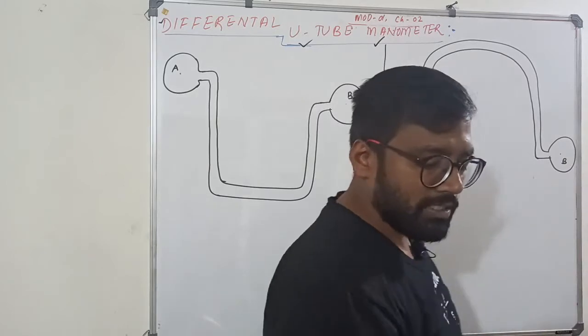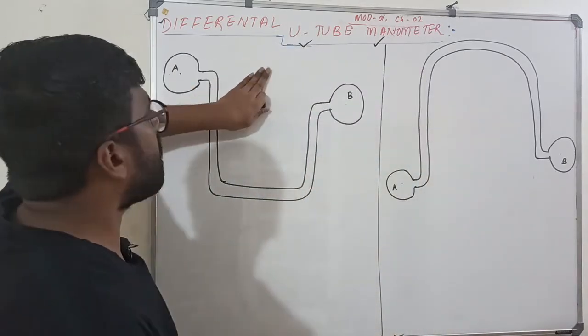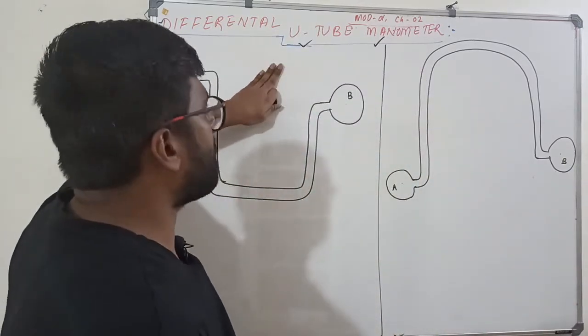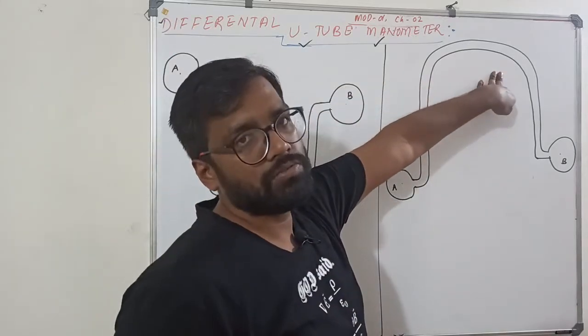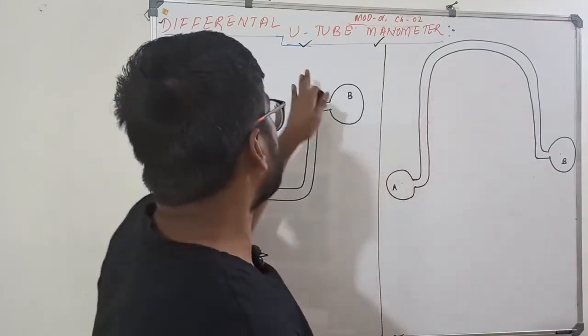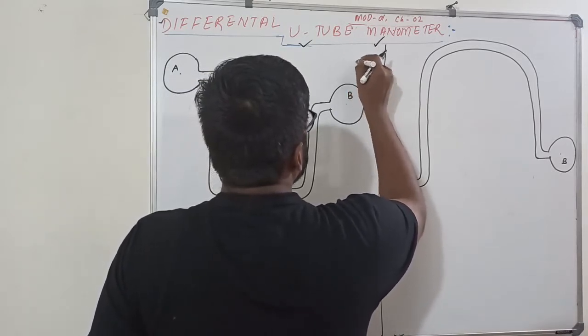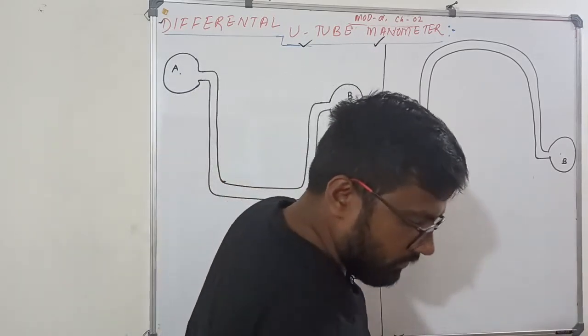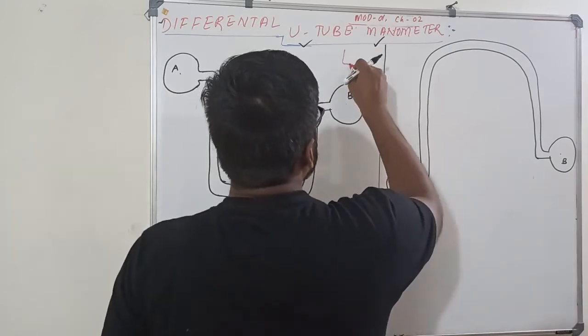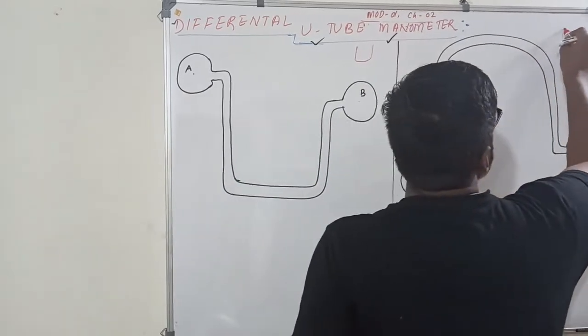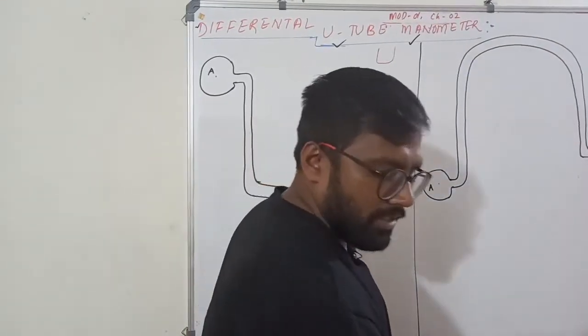So today we will be discussing two cases: one is the vertical U-tube differential manometer, shaped like the English letter U, and the other is the inverted U-tube differential manometer, shaped like an inverted U.